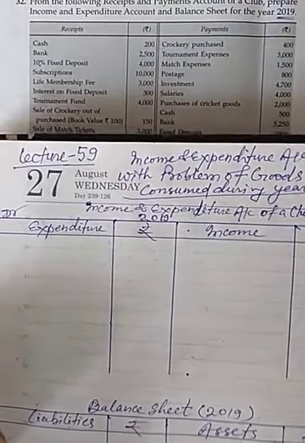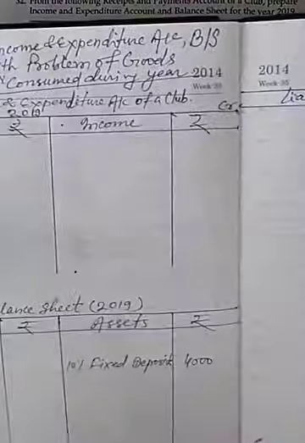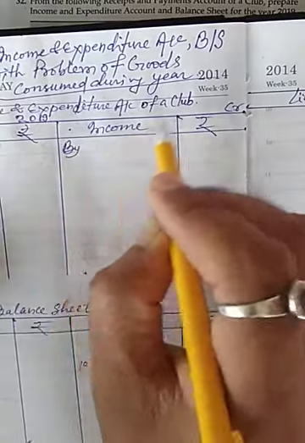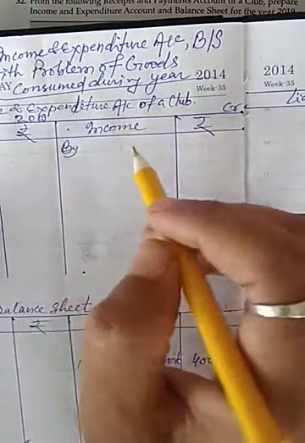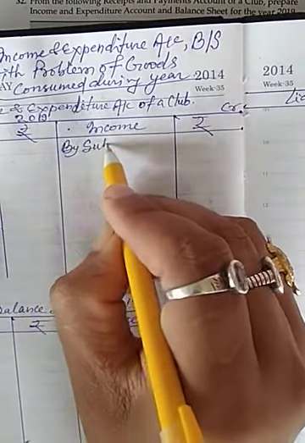Now next item is given, subscription 10,000. This is recurring nature, so it will be shown in income side of income and expenditure account. Subscription 10,000. Now life membership fee is given 3,000 and I will write it in liability side of current year balance sheet.